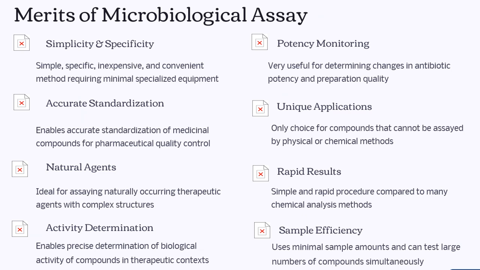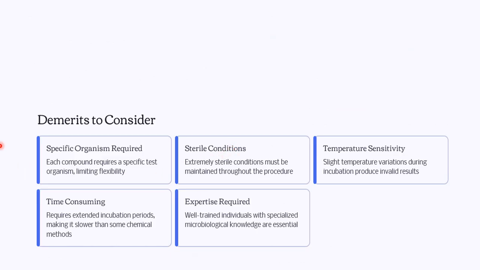They are very useful for determining changes in antibiotic potency and preparation quality, and they produce rapid results compared to many other chemical analysis methods. They also use minimal sample amounts and can test a large number of compounds simultaneously.